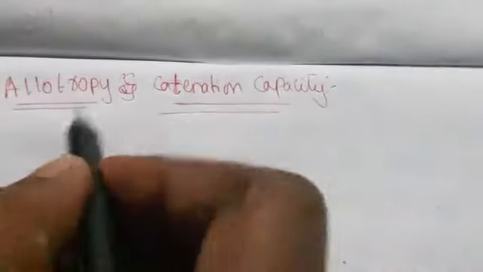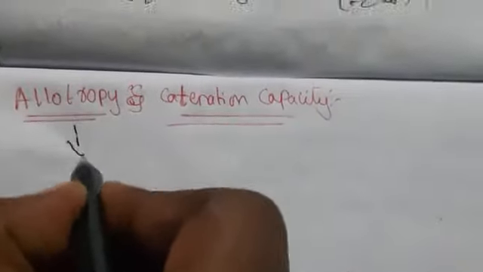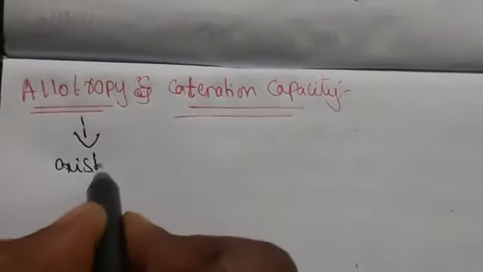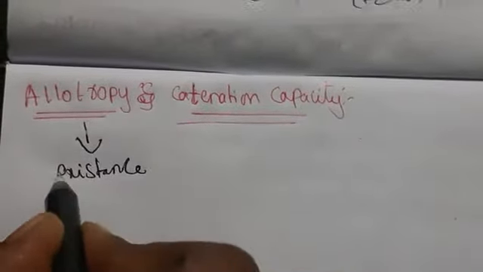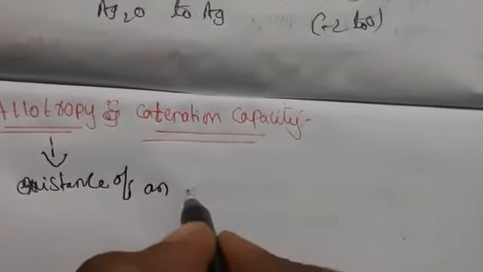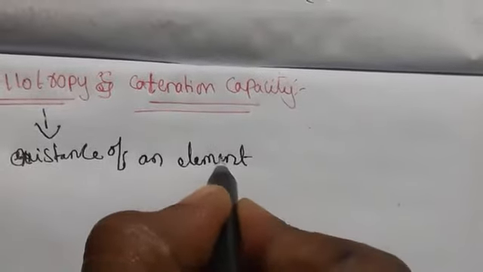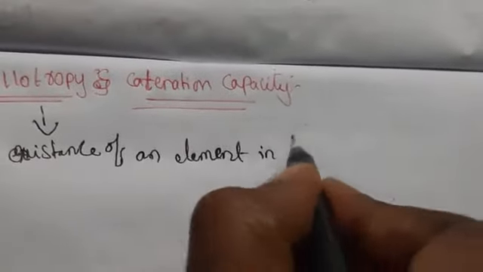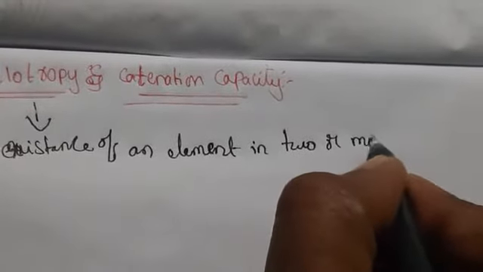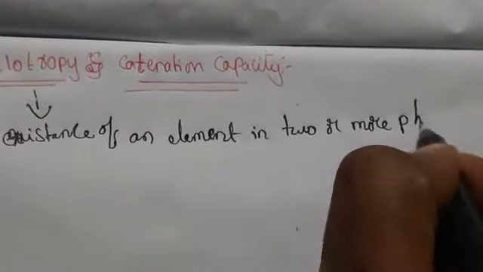So generally, first off, see the definition. Allotropy is nothing but the existence of an element in two or more physical forms.